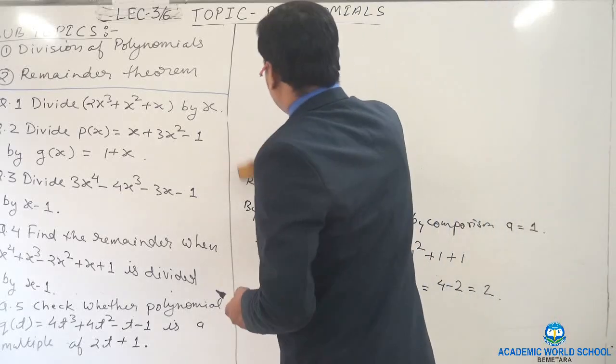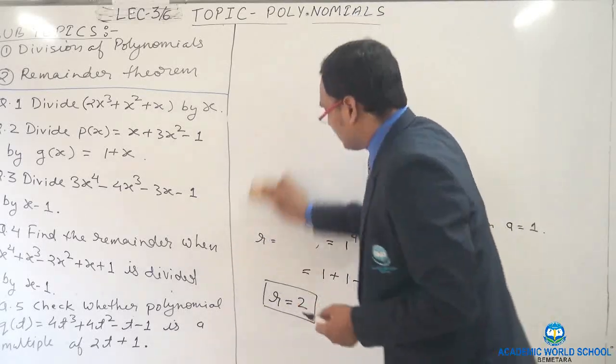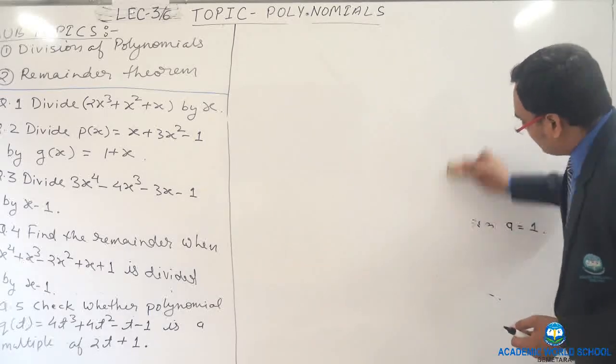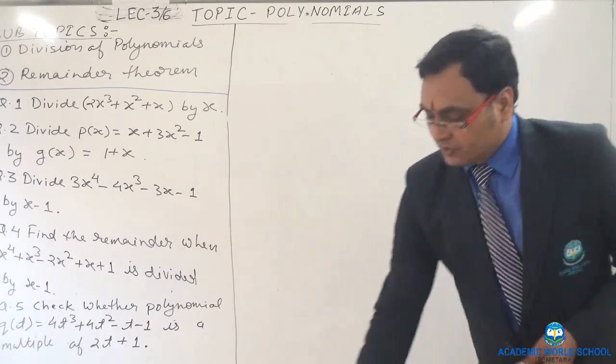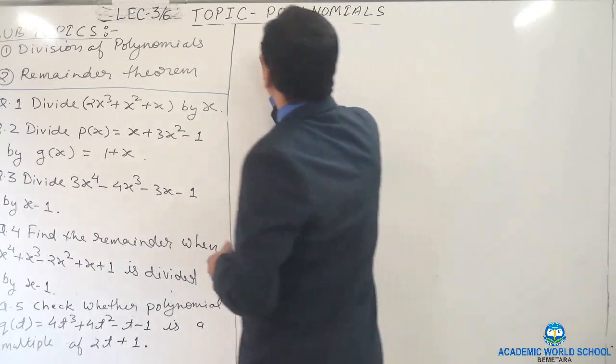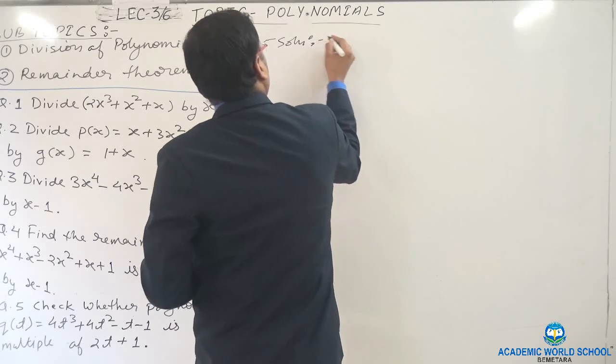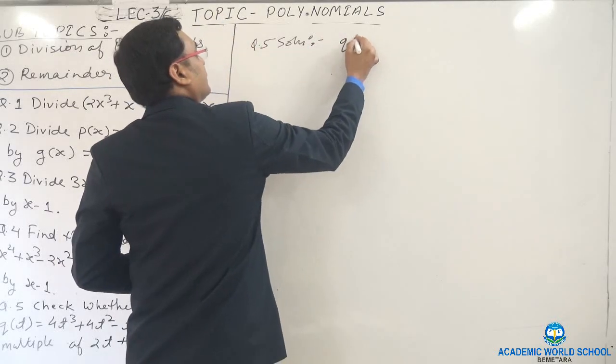So in question number 5, we will apply the remainder theorem and find our answer. Solution. What is the polynomial q(t)?